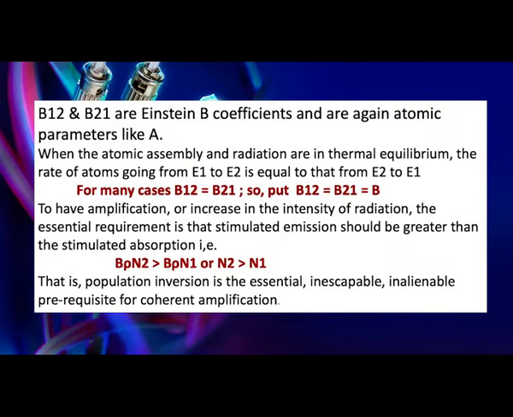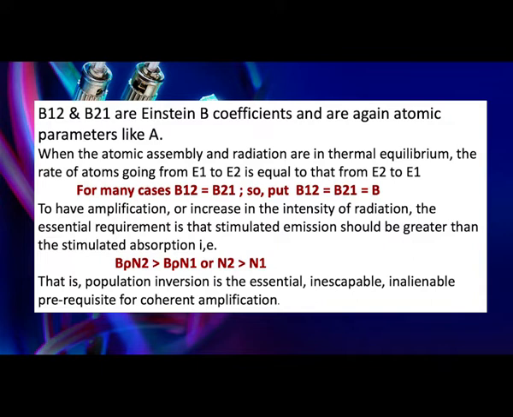B rho N2 should be greater than B rho N1, because the first one represents the total photons coming out due to stimulated emission. The second one, B rho N1, represents the total photons which are lost because of stimulated absorption.